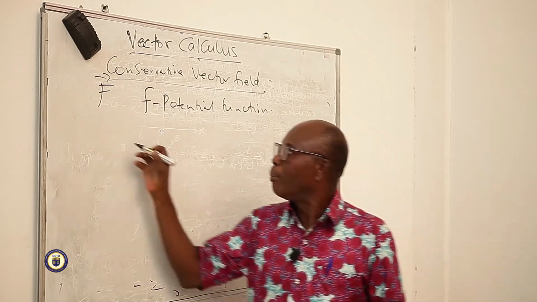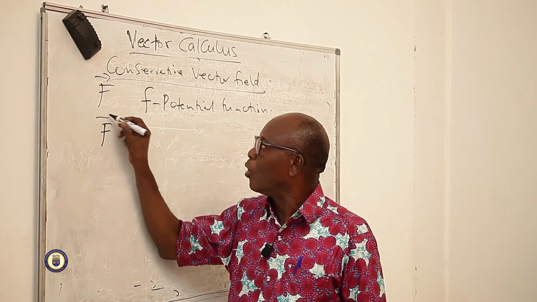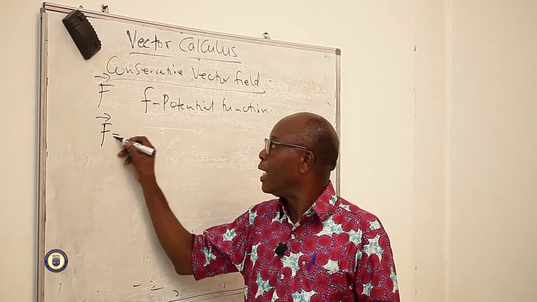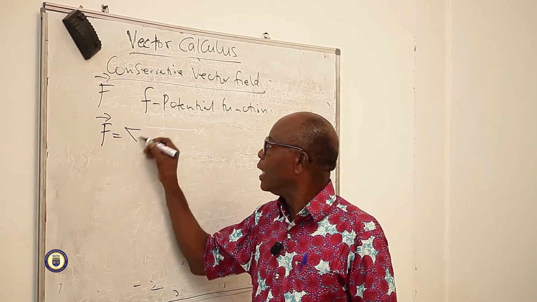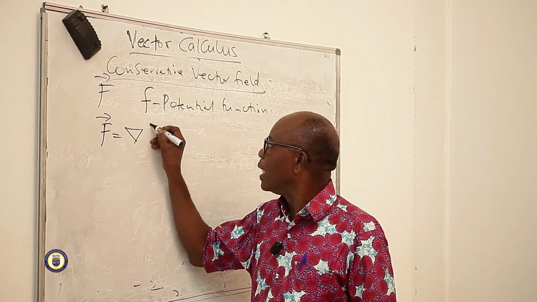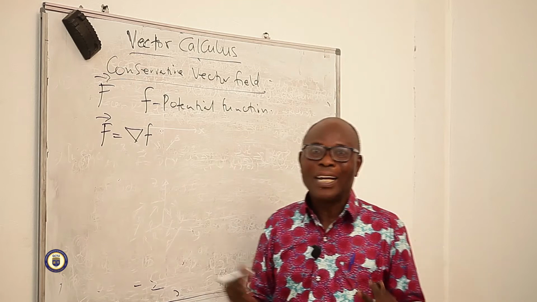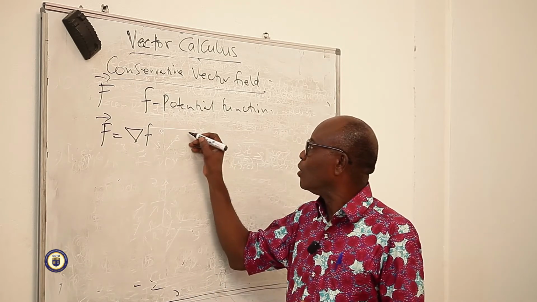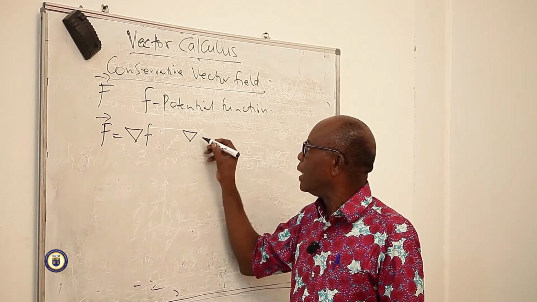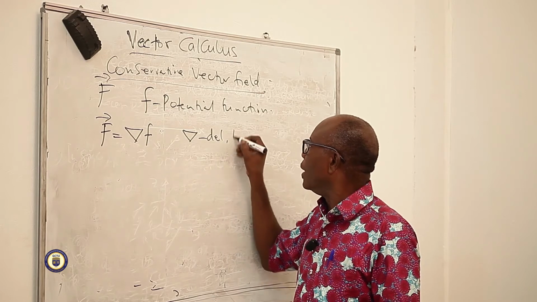We do that by using the symbol called del. So we find the del of f, where the symbol, which is a triangle turned upside down, is known as del, or nabla.